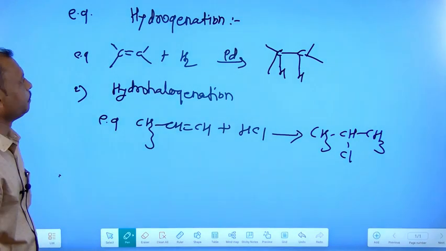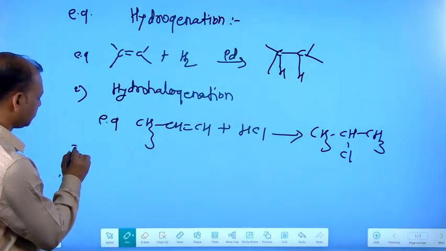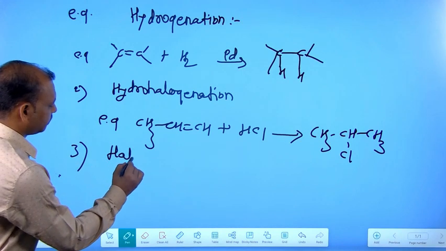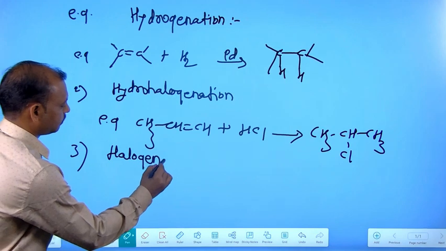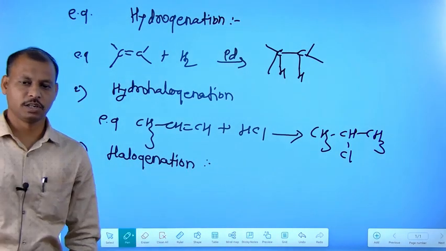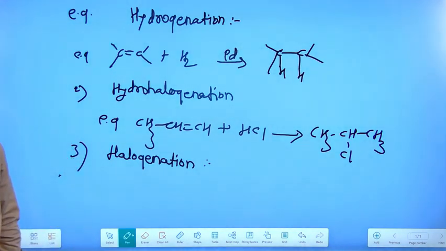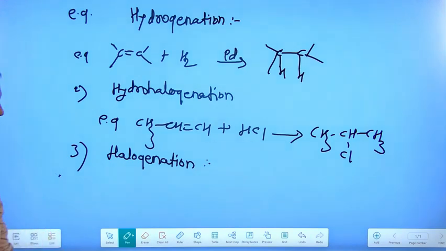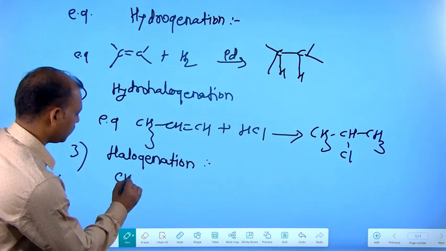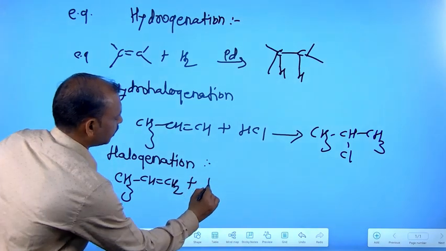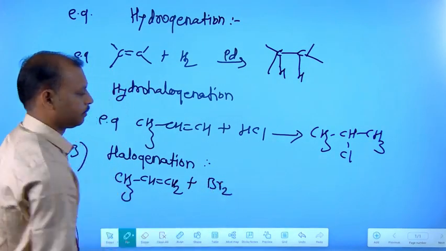Another example of the addition reaction is halogenation reaction. In halogenation reaction, two halogens are added across the carbon-carbon double bond. For example, CH3 CH double bond CH2 plus Br2.